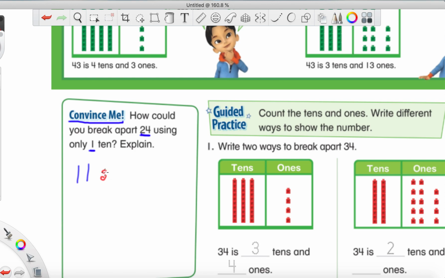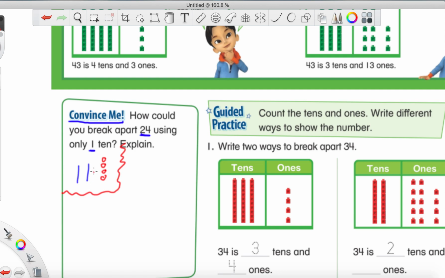So 1, 2, 3, and 4. Okay? I just made the number 24. So what I'm going to do is put this in a little bubble by itself, because this is my little answer that I know is correct. I know that I put 2 10s down because there's a 2 in the tens place, and 4 1s because there's a 4 in the ones place, right? Easy peasy.